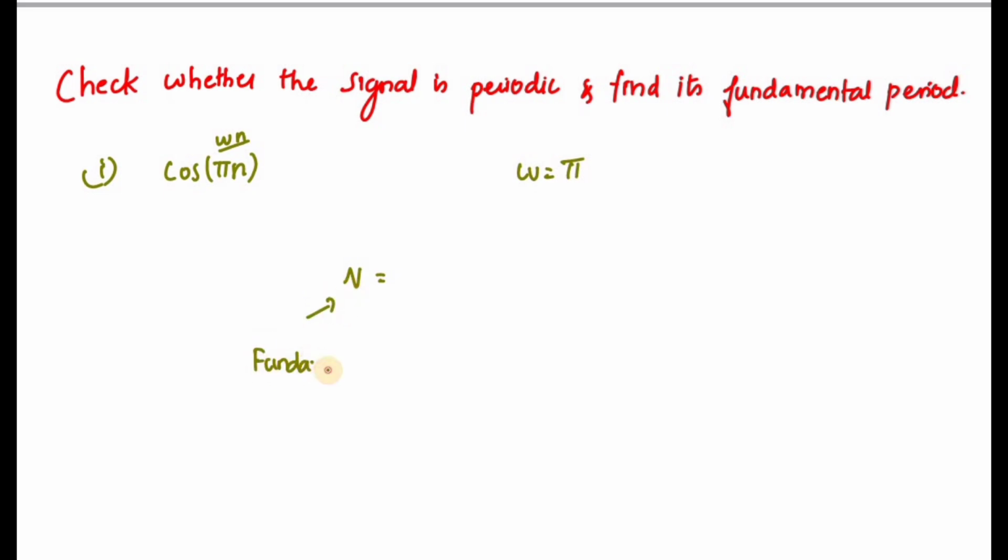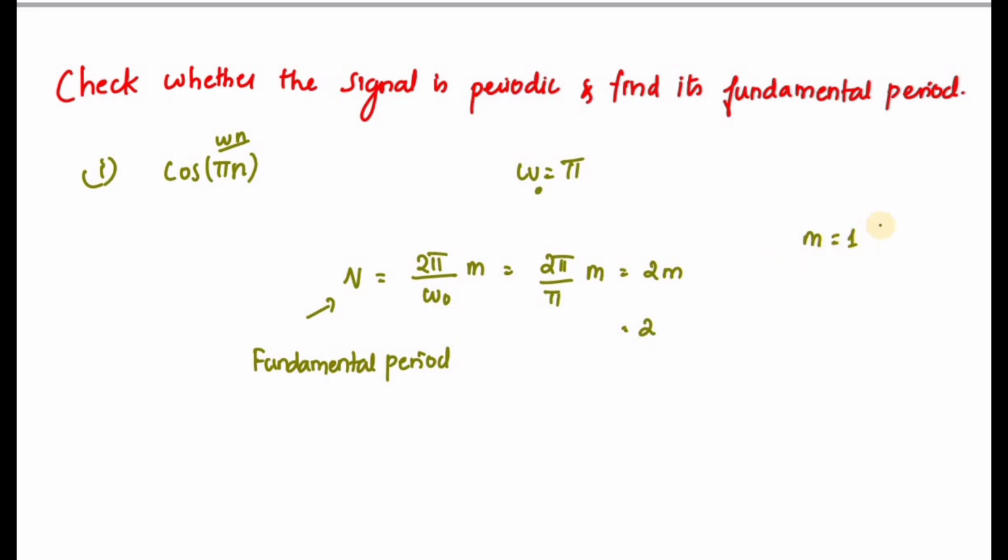The fundamental period is equal to 2 pi by omega naught, into m. So you substitute here, and you will get 2m. Whatever the value of m, m will always take some integer value. For example, if m is 1, this becomes 2.